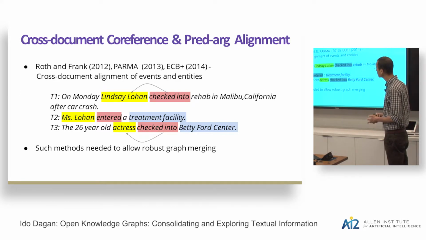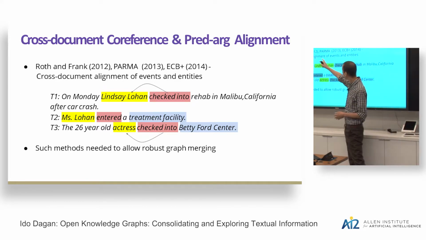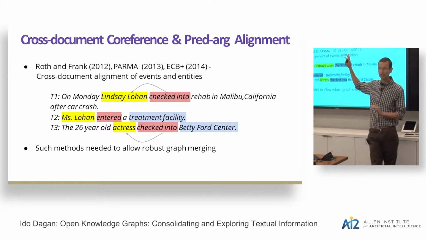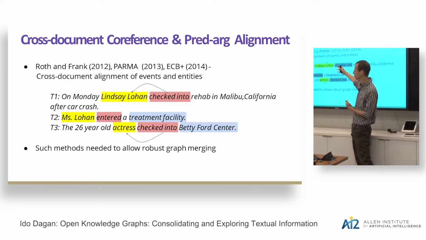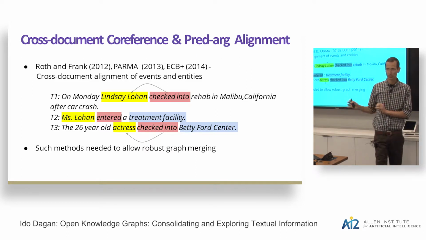Okay, there hasn't been that much work, but there have been some on predicate argument alignment, ECB plus, EECB. There are some variations. It's a corpus of cross-document event and entity coreference. Little work, but basically, there has been some work trying to identify these coreferences.